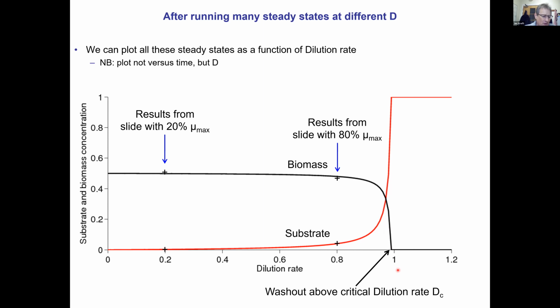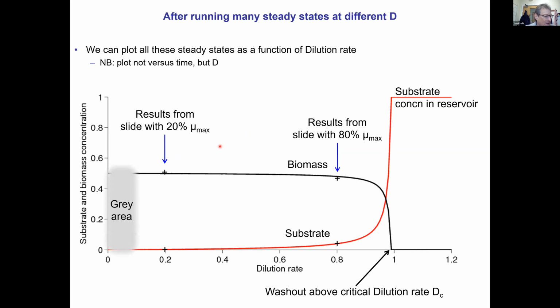So we call this the critical dilution rate at which the bacteria are washed out of the system. So you reach a different steady state where there's no biomass in the system and substrate concentration is the same as in the medium that's pumped into the chemostat. At very low dilution rates, you can't really measure that properly and don't really understand it so well. So that's an area we should probably not draw the line through.